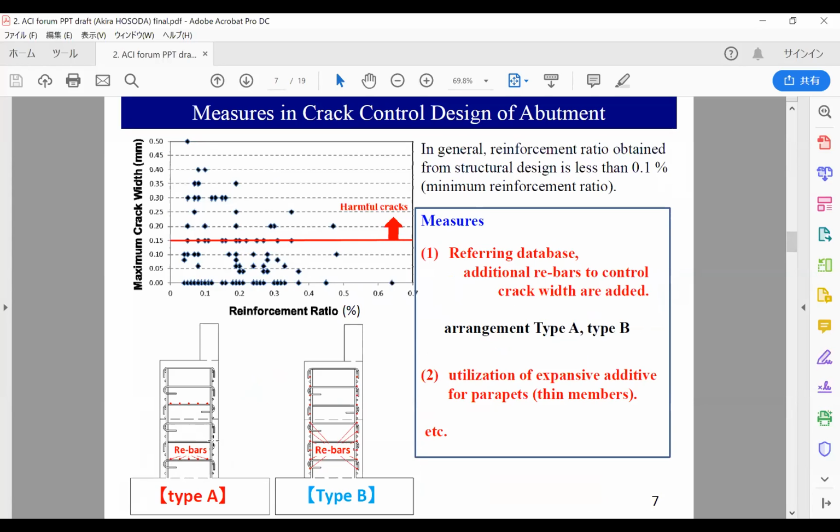Reinforcing bars perpendicular to cracking are effective. If we think about crack control in an abutment, these bars, which are perpendicular to cracking, are effective. That's why the reinforcement ratio is not so large. It's not the main reinforcing bar. Is it clear?